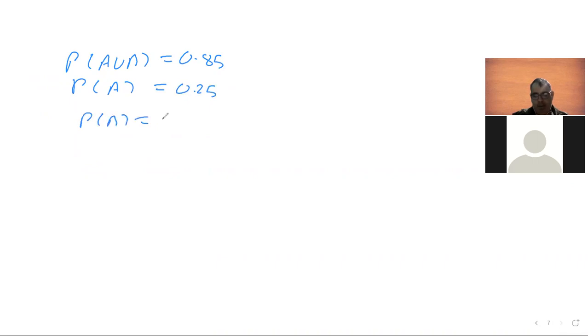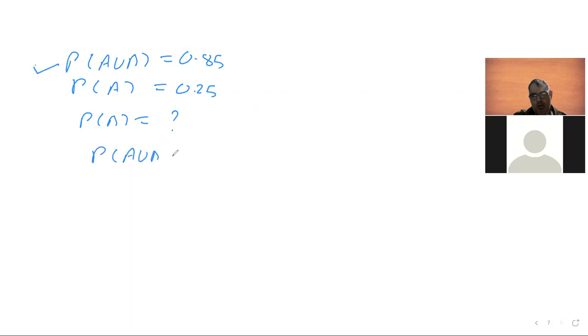So we have P(A union B) equal to 0.85, P(A) equal to 0.25, and P(B) we have to find, right? What is the formula for P(A union B)?